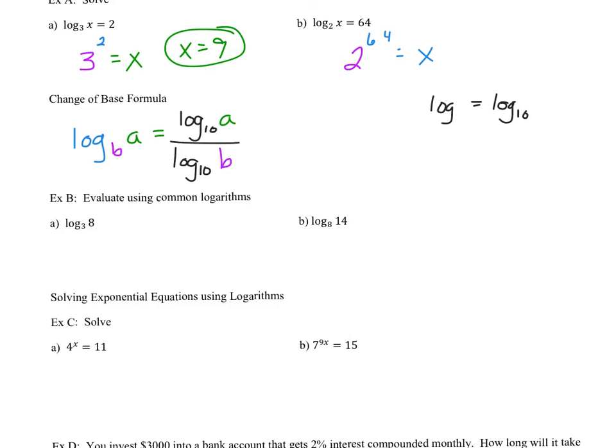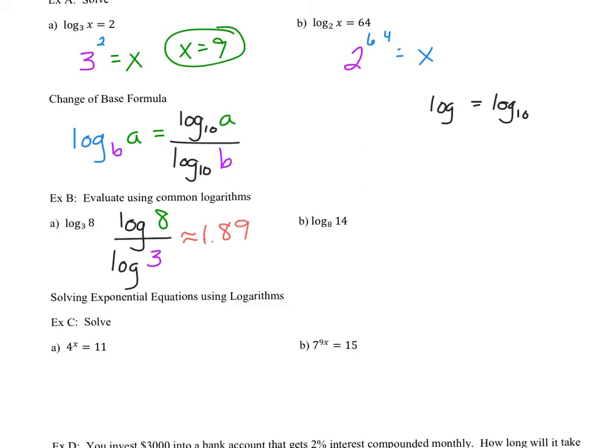So I'm going to do the log of 8, and I'm purposely not writing the 10 just so you get used to that being written that way, and then we have log 3. So what I do is I put that in the calculator: log of 8 divided by log of 3. Make sure you put in parentheses where they're appropriate, and your calculator kind of guides you to do that. And you should get that this is approximately 1.89.